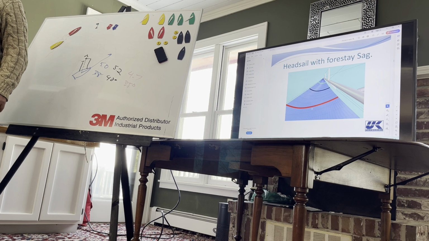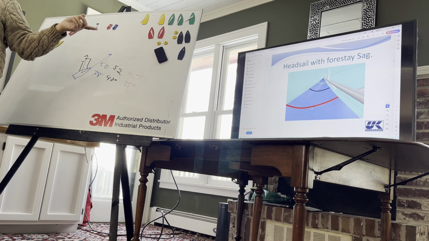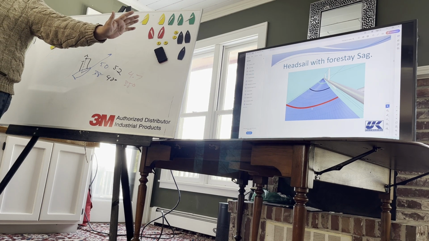Because what happens when you pull on the main sheet? It pulls the top of the main in and pulls the tip of the mast back. By doing that, it tightens the headstay. And when you ease the main sheet, the mainsail opens up and twists, and the headstay starts to sag, giving you power.